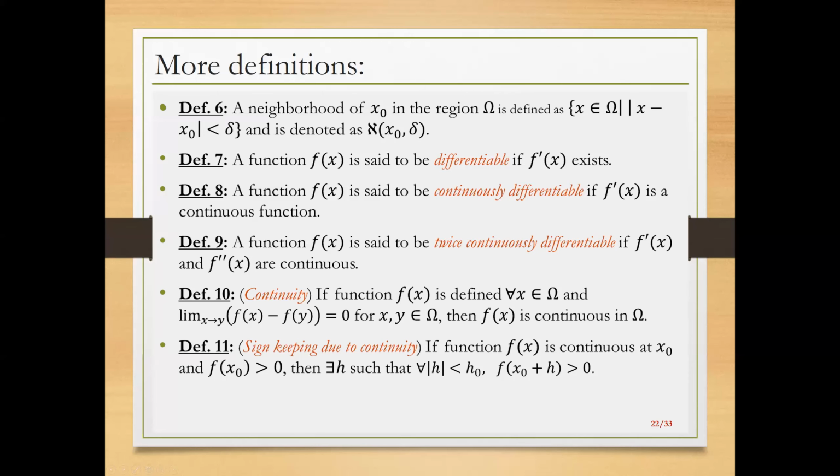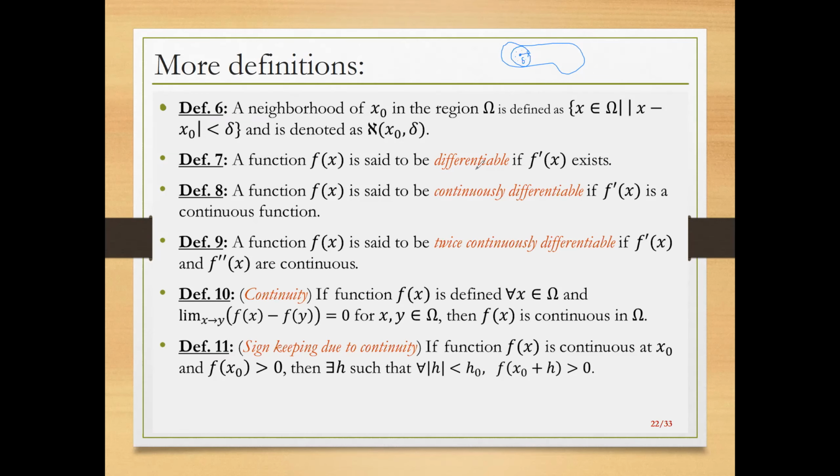If I want to plot this, say this is my feasible region, and this is my x naught, and I draw a circle around this with radius delta, every other point within this radius of x naught is within the neighborhood of x naught. Is it clear? So that's defined as neighborhood.